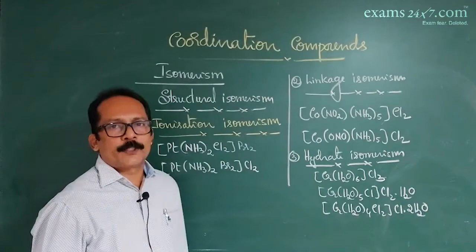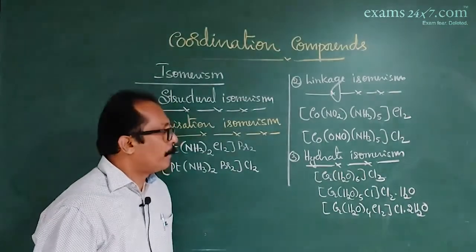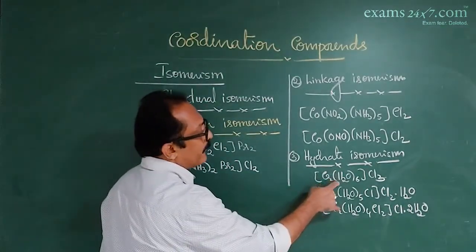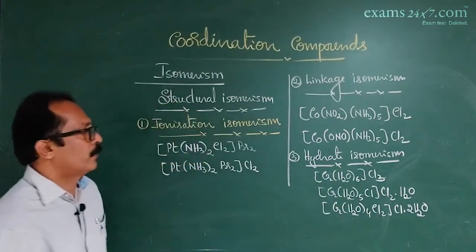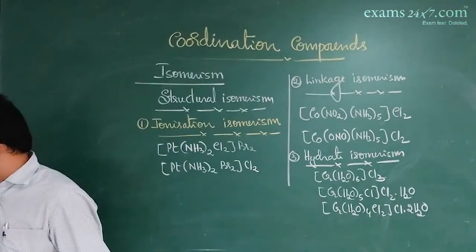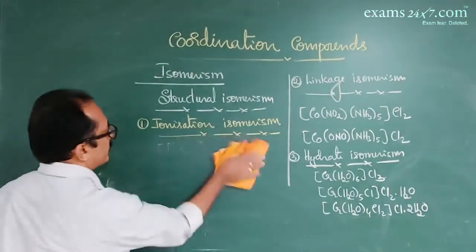So these are isomers, but they differ in the number of water molecules acting as ligands: 6 water molecules, 5 water molecules, 4 water molecules. This kind of isomerism is called hydrate isomerism.